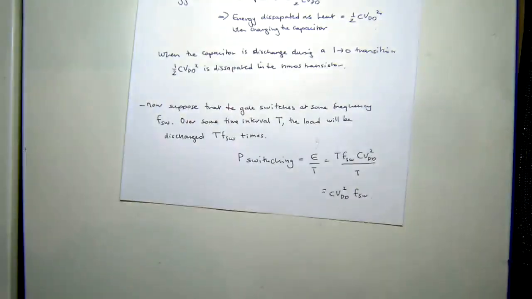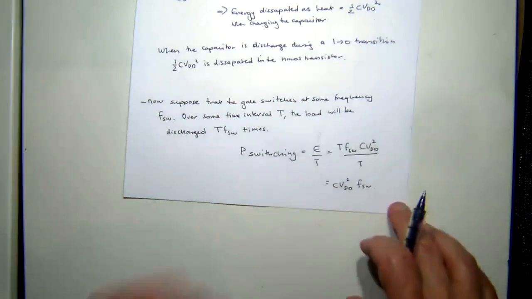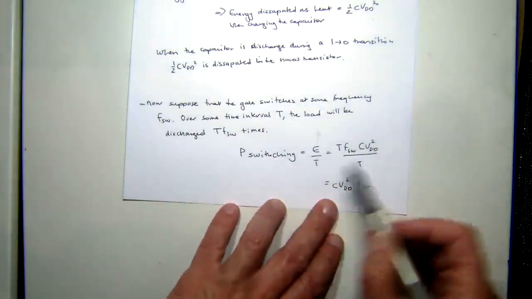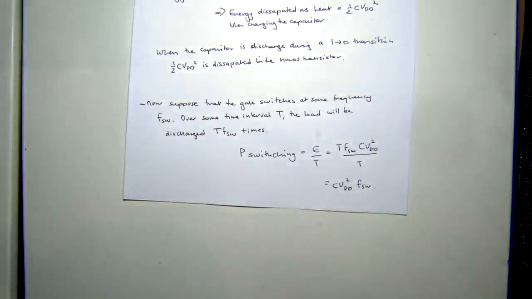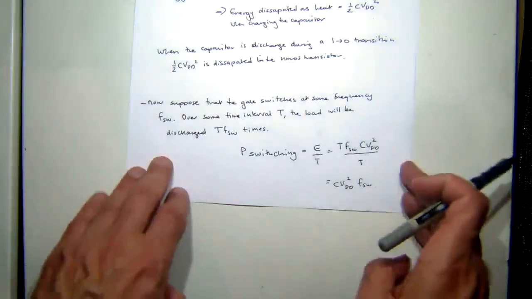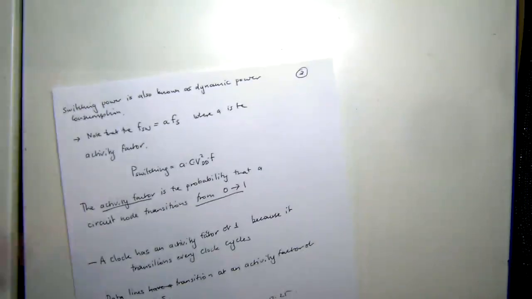Now, if you're switching this with some particular frequency, you can say the power is C VDD squared times the switching frequency. Okay, great. But if we want to use this for our benefit, we do realise that a lot of times not all these circuits are constantly switching, right?